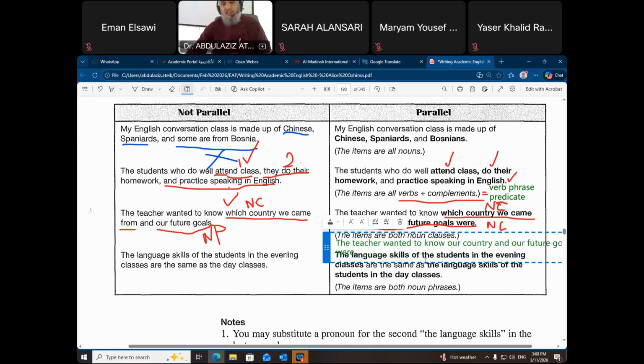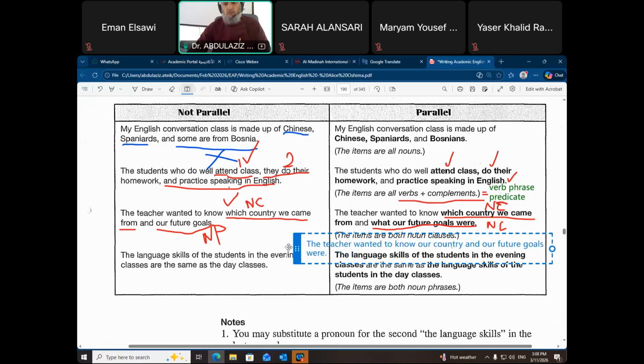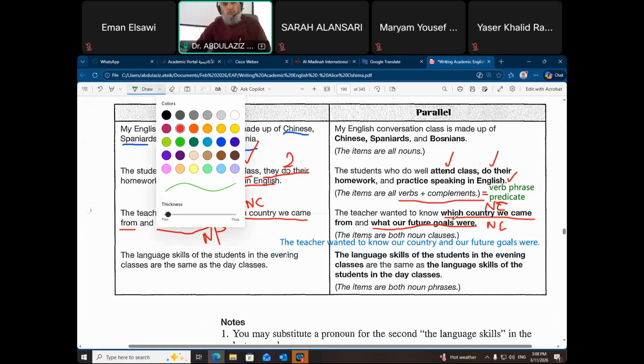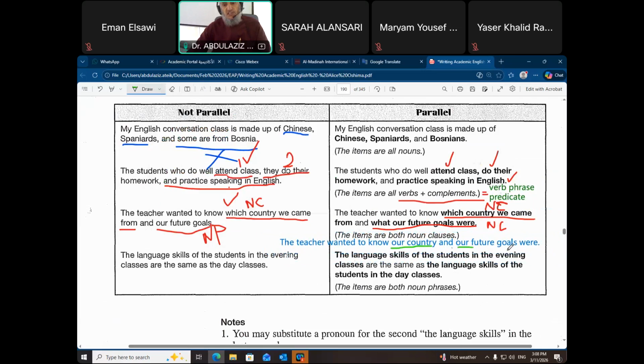Now this is noun phrase, noun phrase. I made a small mistake.